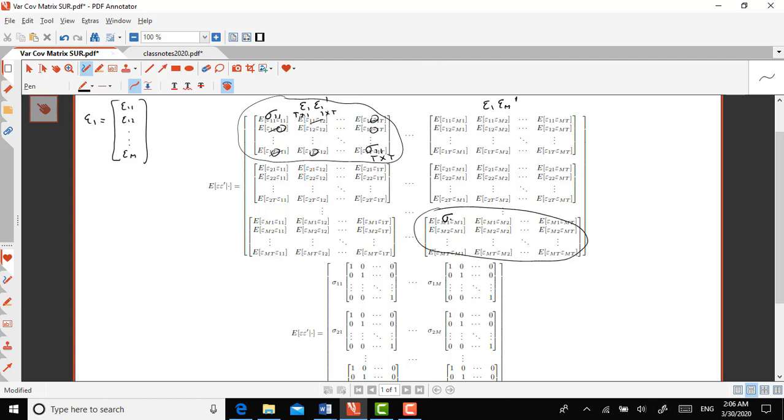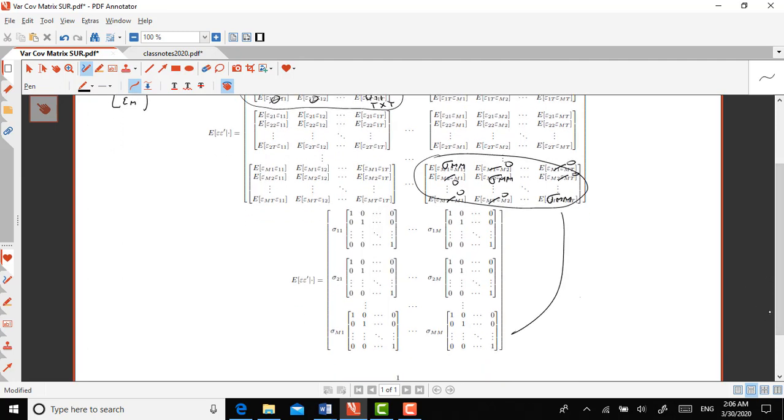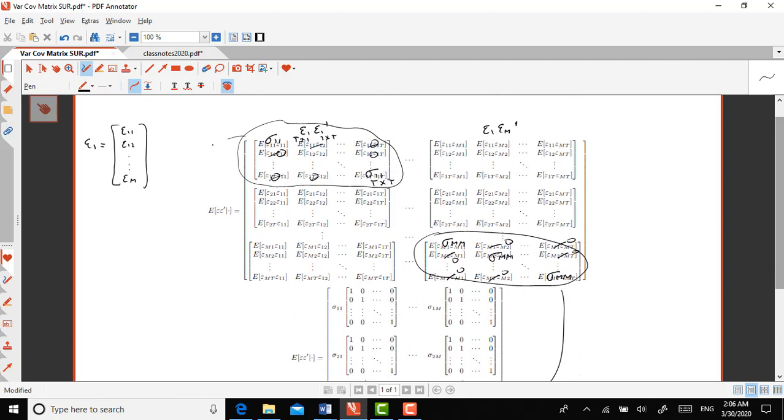So here we have an N, this will be equal to an N, and everything else will be 0 since we're assuming homoscedasticity within each equation. Okay, so that's how we end up with this matrix here and the diagonal and this matrix here.